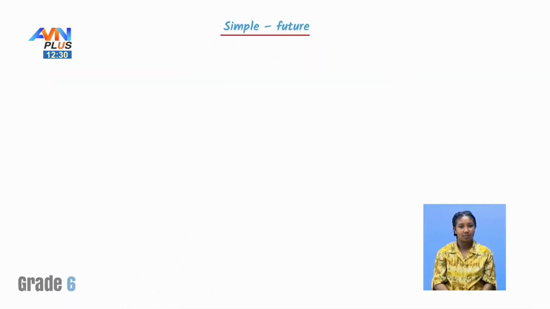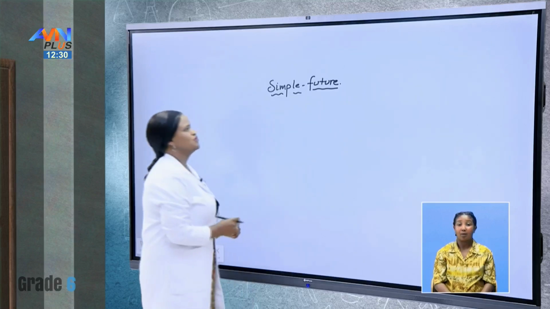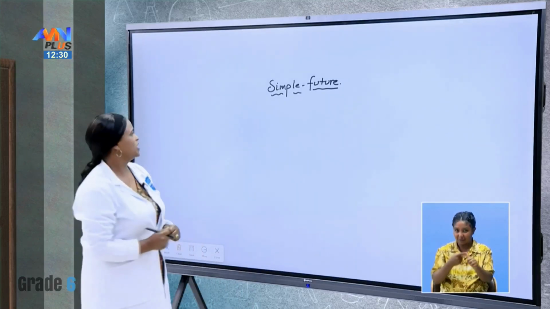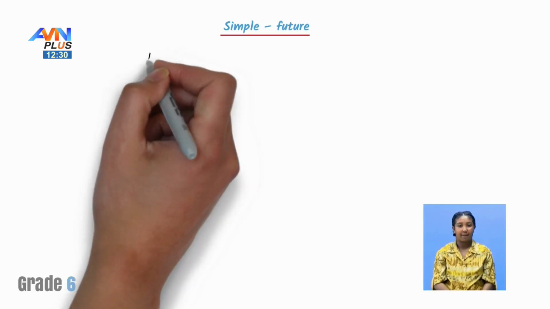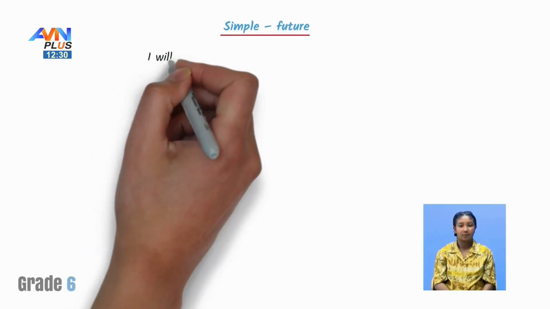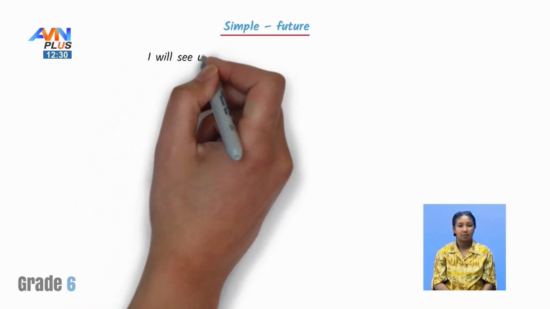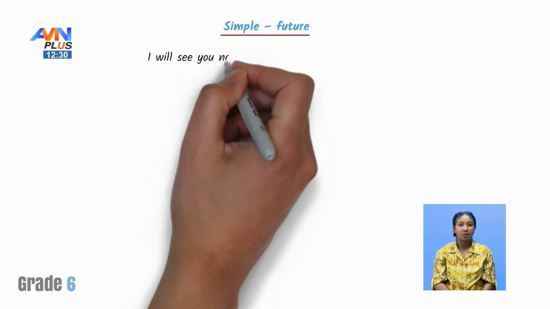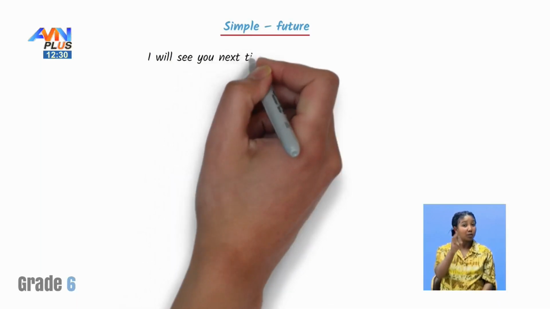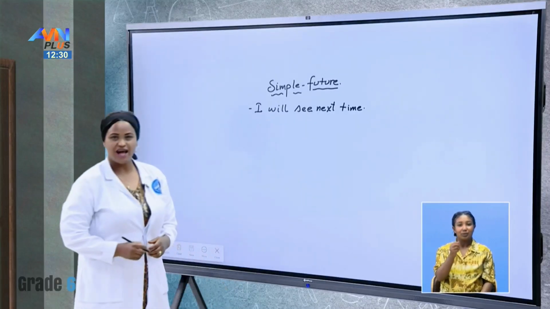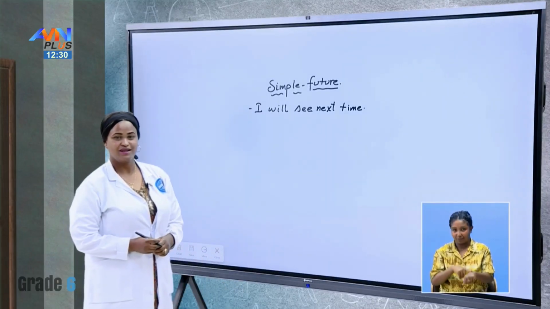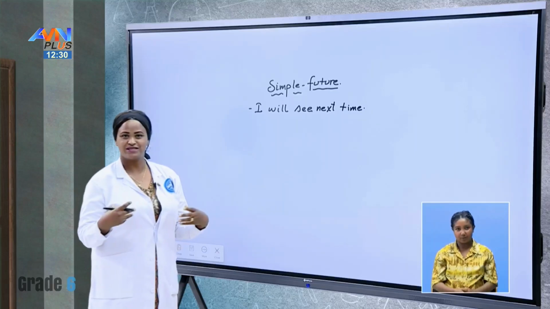Okay. I am going to give you examples first, as usual. These are, I will see you next time. Yeah? I will see you next time. Yeah? Another one. We are Ethiopians. Yes?